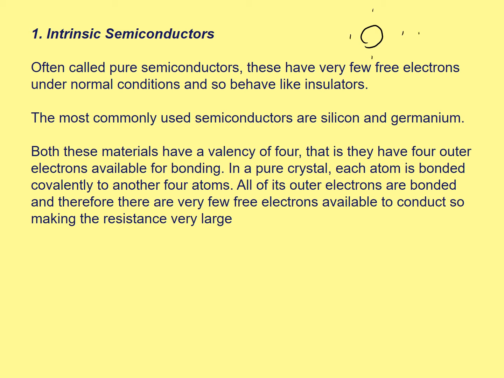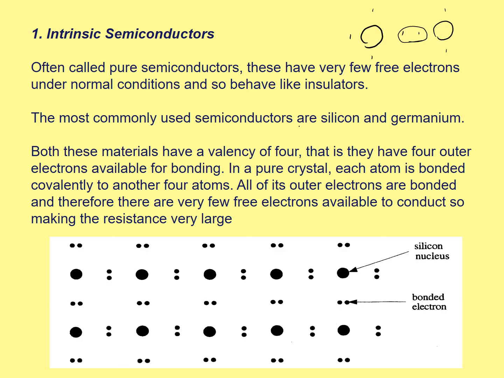And normally these are in a crystalline structure and bonded together. All 4 of its outer electrons are bonded, and therefore there are very few free electrons available to conduct, making the resistance very large. So we can see here in the diagram, we have our silicon nucleus and we have our bonded electrons in a very regular crystalline structure.